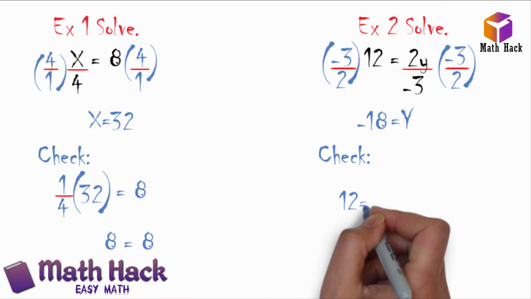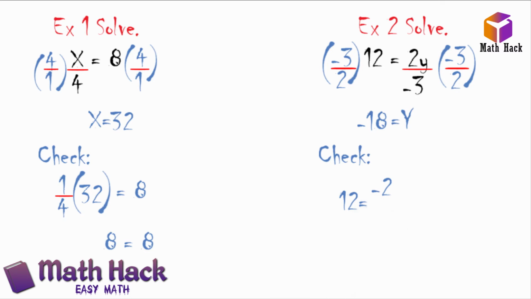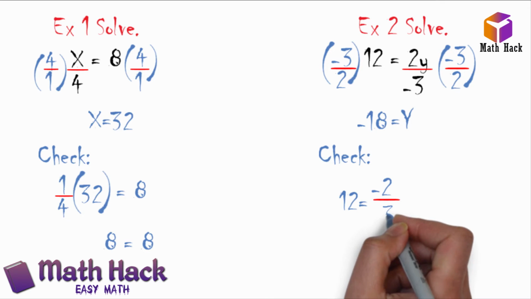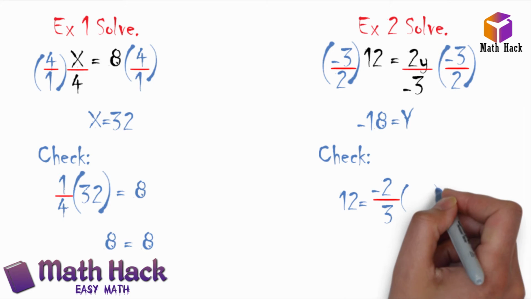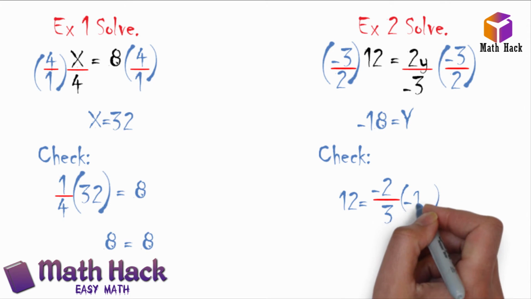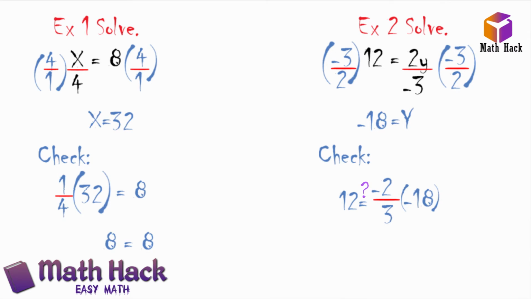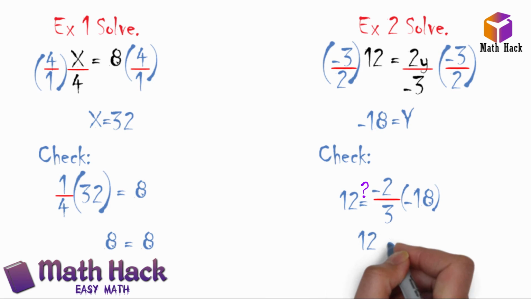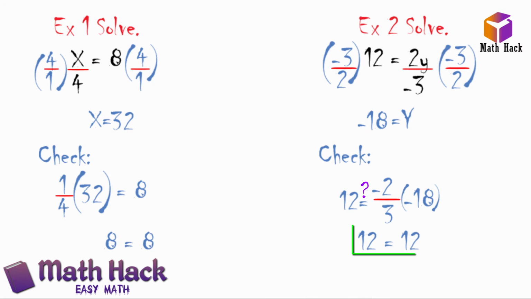And I'd say 12 is equal to -2/3 times -18. Question mark. I see I have a negative times a negative, so I know I'm going to have a positive. And 18 divided by 3 is 6, times 2 is 12. This one checks out. So solving single-step equations with variables is not that scary now that you know the trick.